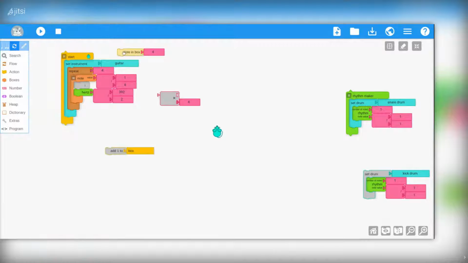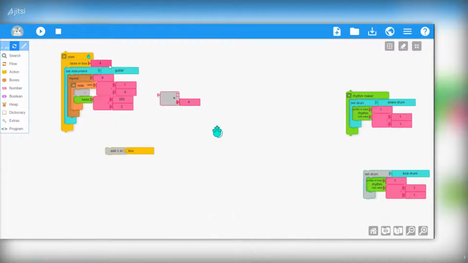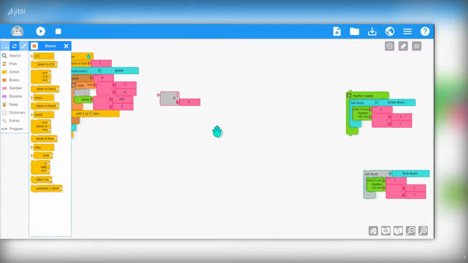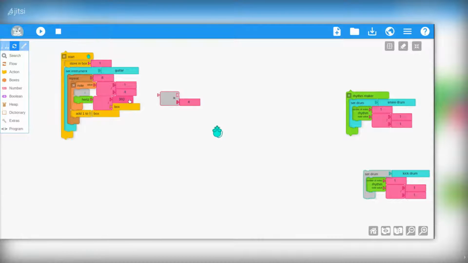So I'm storing a variable in what I like to call a box. I'm going to add to box. So if I've got one marble in the box and I add a marble to the box every time I repeat this, by the end, I will have 8 marbles. Okay, so I'm going to go back here. So now I'm going to get 392 divided by 1, divided by 2, divided by 3, divided by 4, divided by 5, until I get to 8.